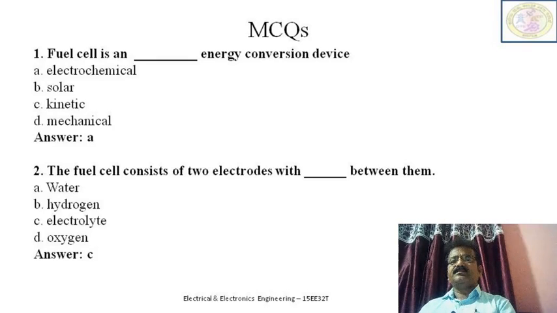Second one, the fuel cell consists of two electrodes with dash dash between them. A, water, B, hydrogen, C, electrolyte, D, oxygen.